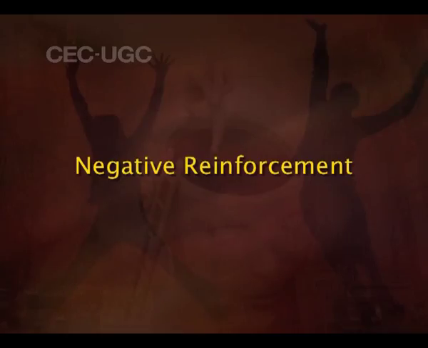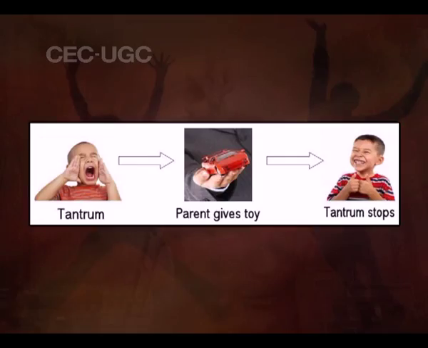Coming to negative reinforcement. Negative reinforcement is taking something negative away in order to increase a response. For example, in this picture you see the child is an autistic child. He is throwing a temper tantrum, and negative means taking something undesirable away to increase a positive response. In this particular example, the child's tantrum is being replaced by the parent giving a toy.